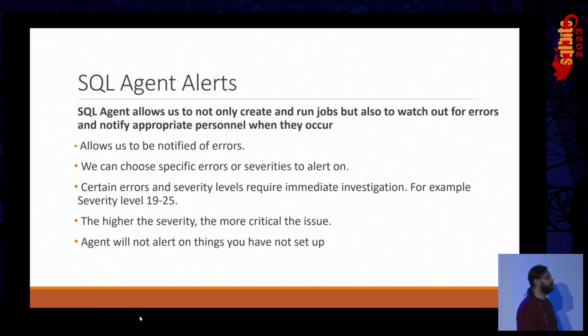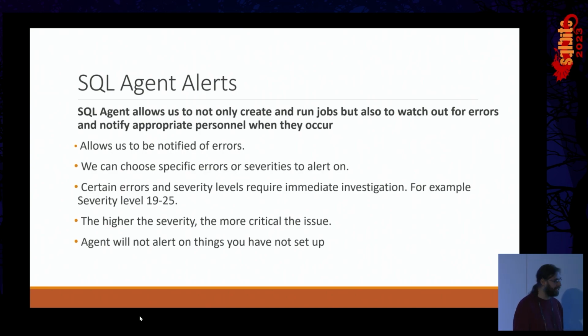So let's talk about SQL Agent Alerts for those of you not using them. These allow us to create alerts for when specific errors are triggered, or when an error of a specific severity level is triggered. Now, the higher the severity number, the worse off we are, generally, right?